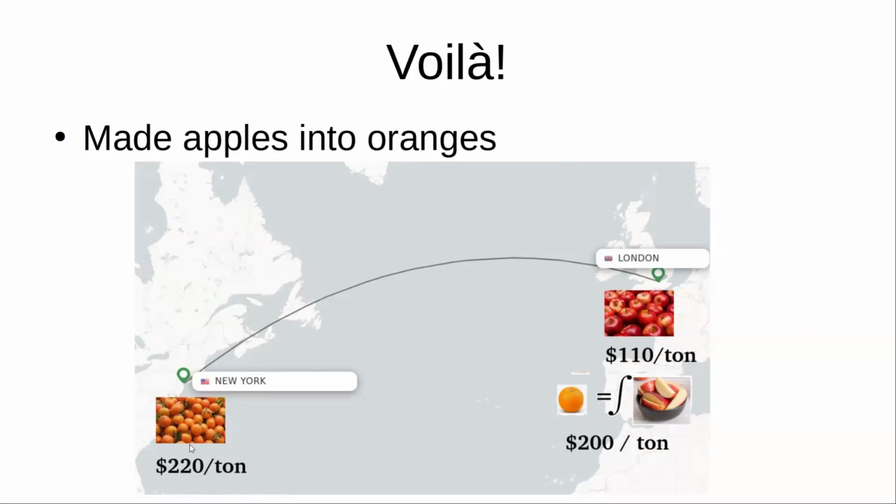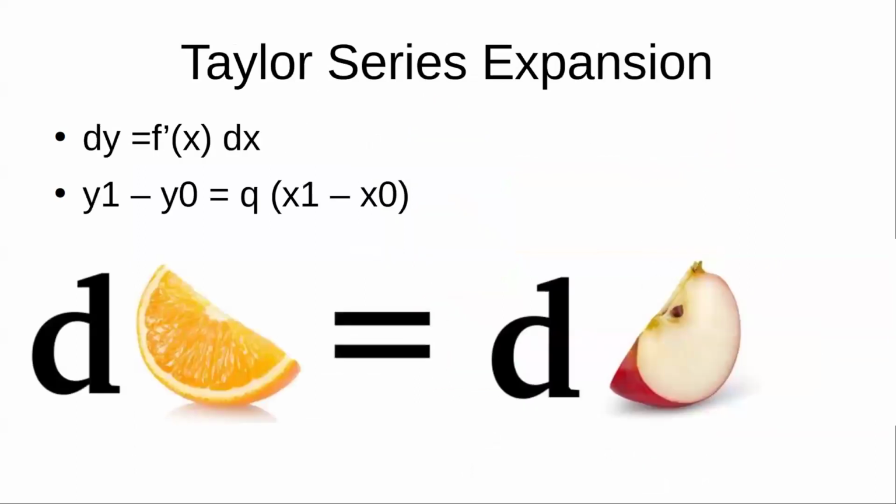We sell options in New York and cover it by actually buying apples from London, and it only costs us 200, while we sold them at 220, and we did an arbitrage. So this is the arbitrage argument for options, and a very clever technique to do that.